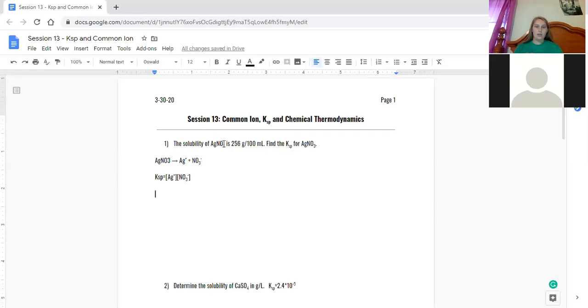So from that solubility, we can use that to figure out what the numbers are for our molarity for the silver and the nitrate here. So we'll need the molar mass of our silver nitrate, which is 143.